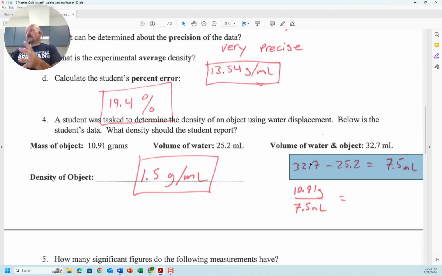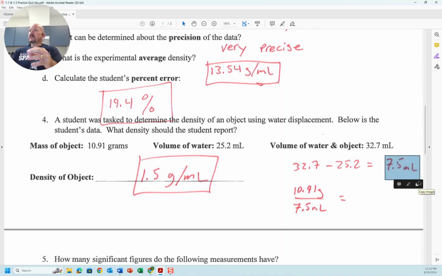So notice we take 2 measurements that each have 3 significant digits. But when we do the subtraction, the difference ends up with only 2 significant digits. Because again, when you add or subtract, it's not about sig digs, it's about decimal places. When you subtract, not always the case, you could end up with less sig digs than some of the numbers you started with. When you add, you could end up with more, okay? But again, it's not about sig digs, it's about the decimal places.